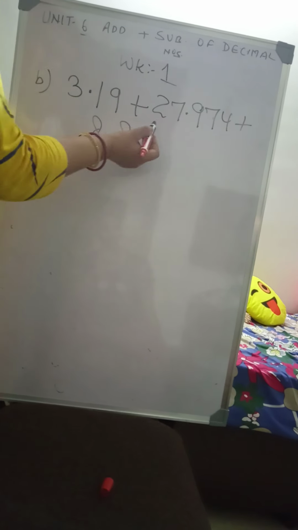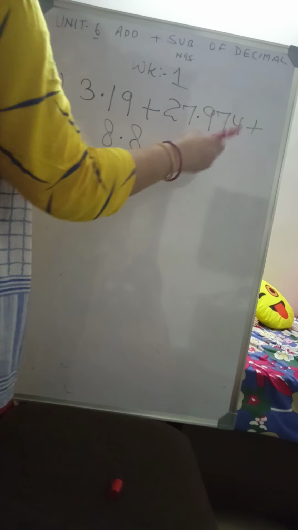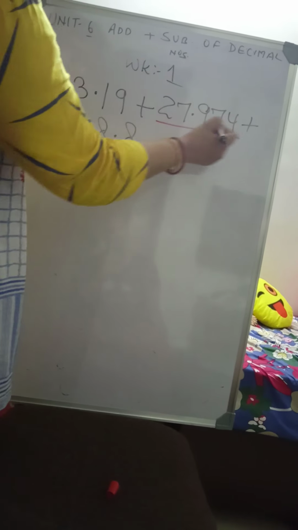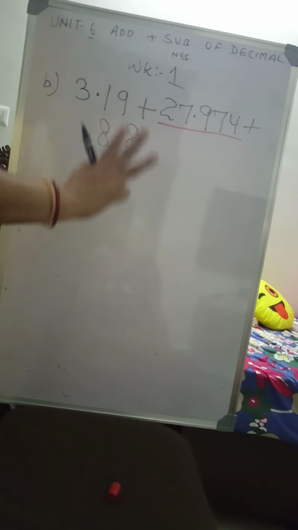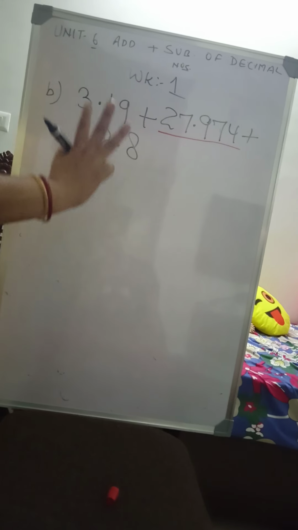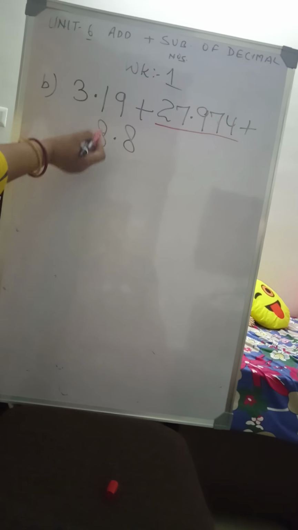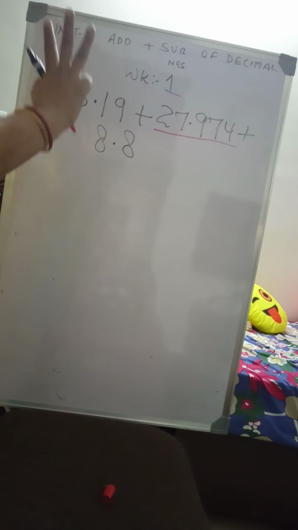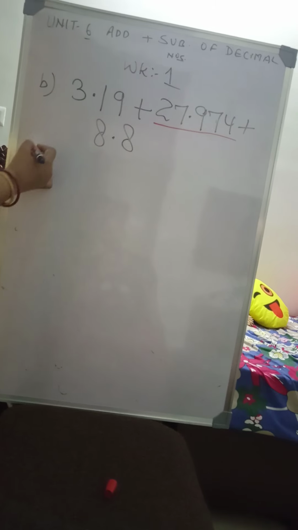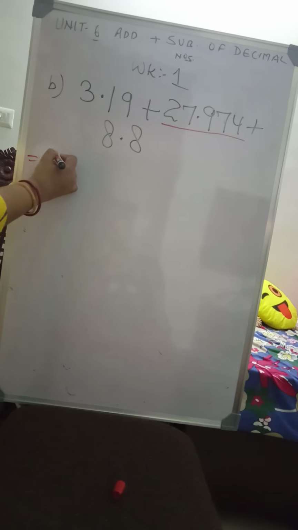So here the number which is having the maximum decimal places is 27.974. It is having 3 decimal places. So we have to convert the other two addends to also have 3 decimal places. Okay. Now let us rearrange it.